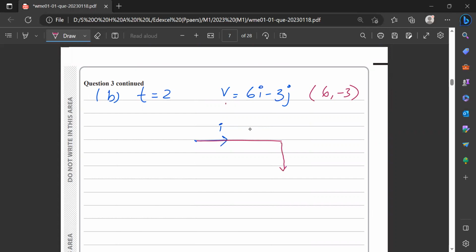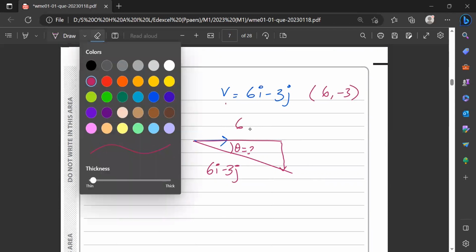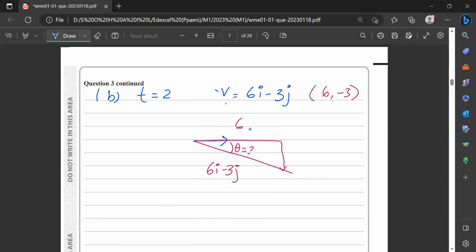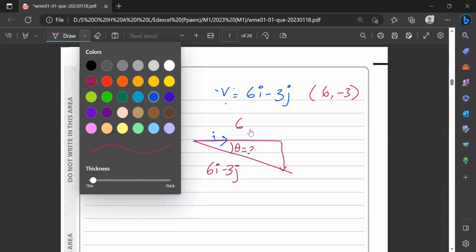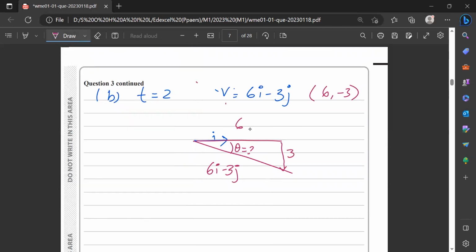In this way we have this vector, and this vector is 6i minus 3j. So the angle between i, this angle theta, is the question mark. Obviously I move towards the right 6. This is i, just for your reference. Then I move 3 units down. So I can write here 3, but the angle is here.